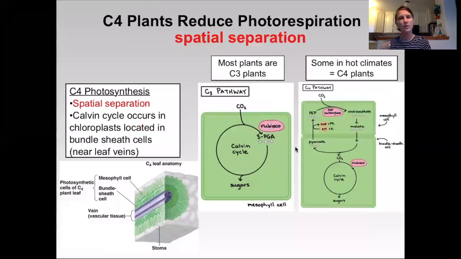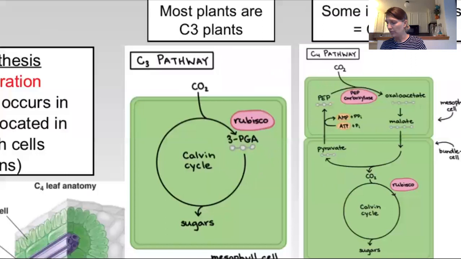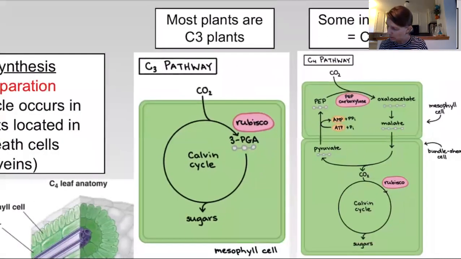All right, so let's focus on C4 plants first. C4 plants reduce photorespiration in very hot weather by using a spatial separation of carbon fixation and the Calvin cycle. So let's look at what happens in C3 plants first. C3 plants are the normal plant that we've already learned about. So in C3 plants, we get carbon dioxide coming in when the stomata are open.